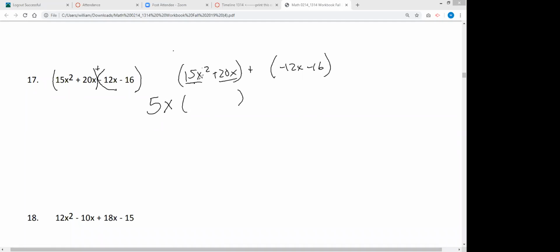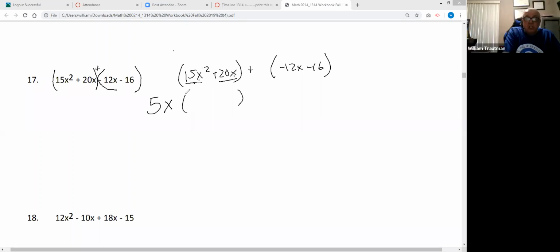Just X. There's an X squared and there's an X. Lowest power X is X. So I'm going to divide each one of these by 5X. 15 divided by 5 is 3. X squared divided by X is X to the 1 power. There's a plus between it. 20 divided by 5 is 4, and the X's cancel, so we just have a 4 there.